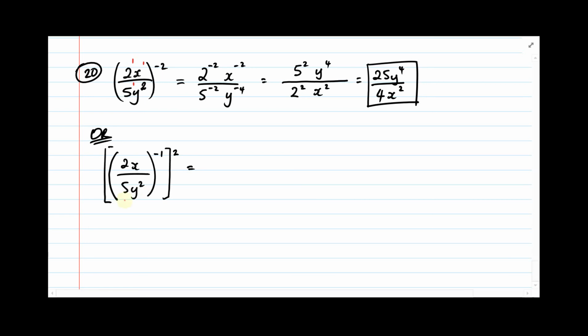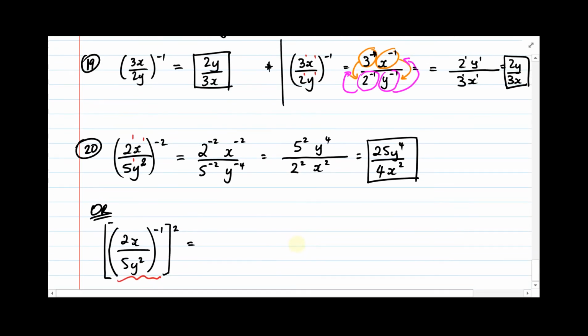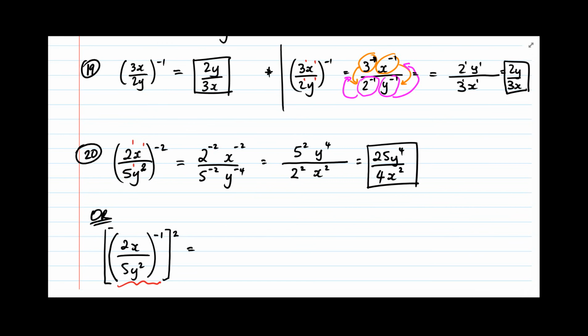So working inside my bracket here, whenever I have a -1, just remember what we did in number 19, right? Whenever I have a -1, it's taking that reciprocal. And so the entire inner bracket, I can work there. Let's bring back the squared.